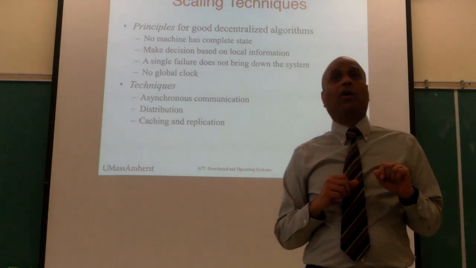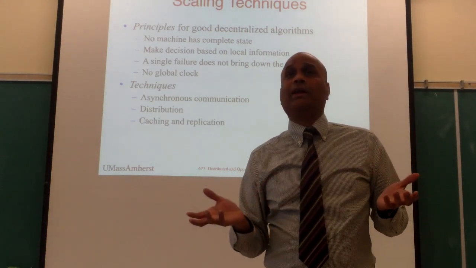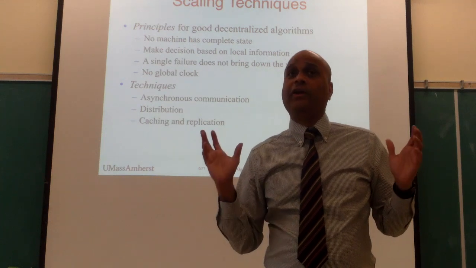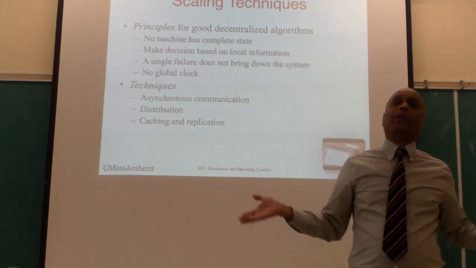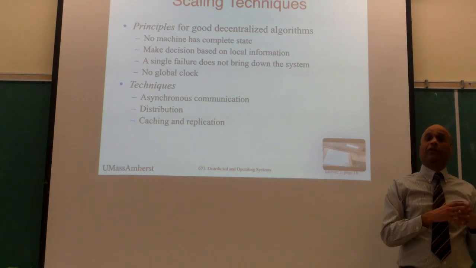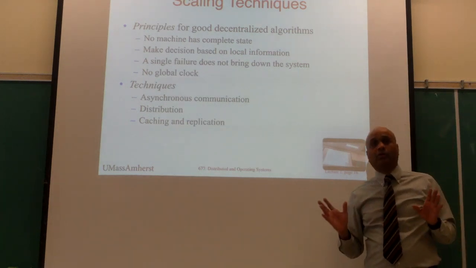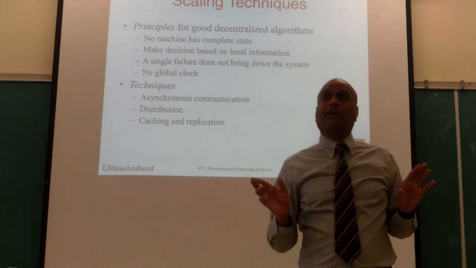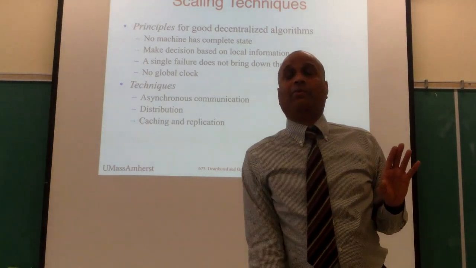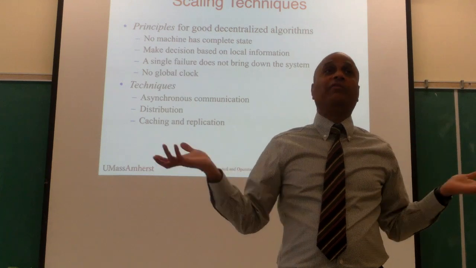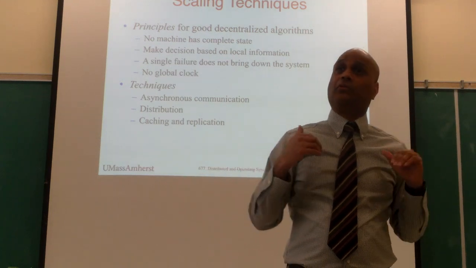require global knowledge of the system to make decisions. If every entity in the system needs to know about every other entity in order to decide where to send a request or where to send a packet, you are going to lose that battle very quickly. You are not going to scale, because as the system grows, the amount of information you have to keep track of will keep growing.